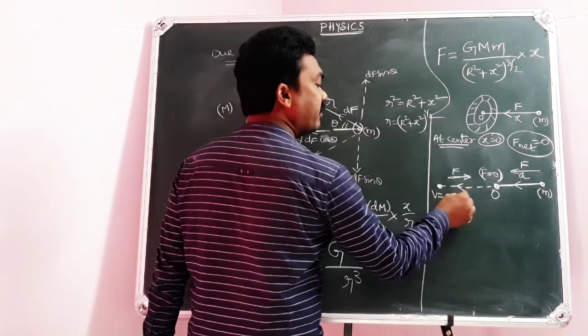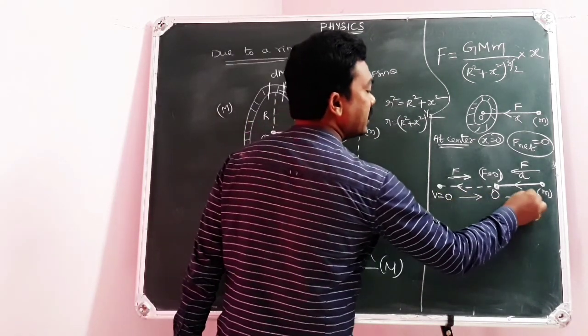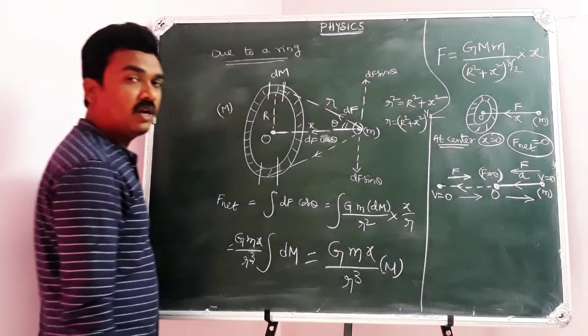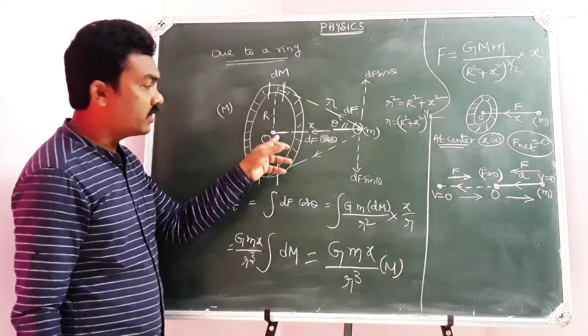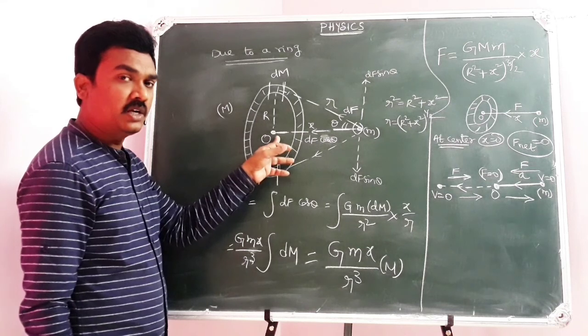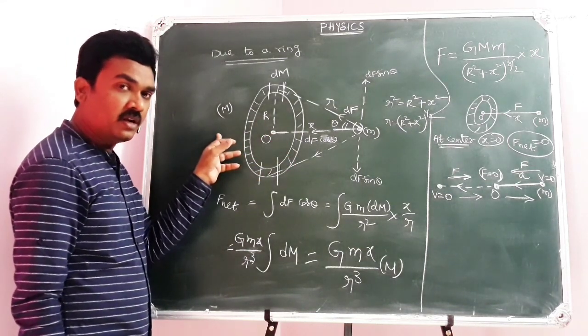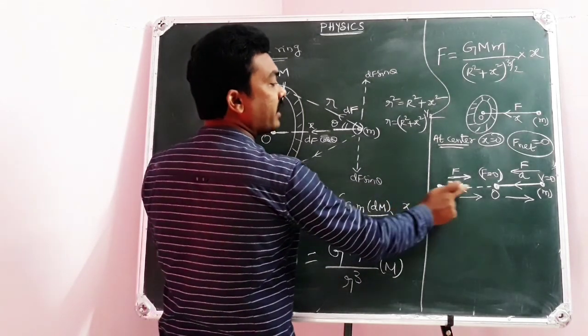But due to force of gravitation, it again moves forward, goes onto the other side, and again comes to a stop. So what you have to understand is, when the particle is moving towards the center of the ring, due to inertia it goes onto the other side. But because of the force of gravitation of the ring, it will decelerate to rest. Then it will come back.